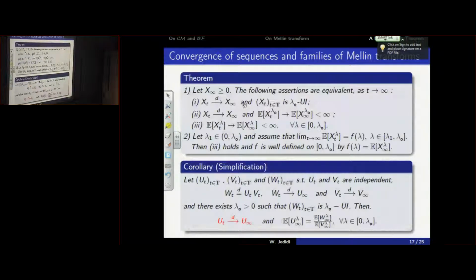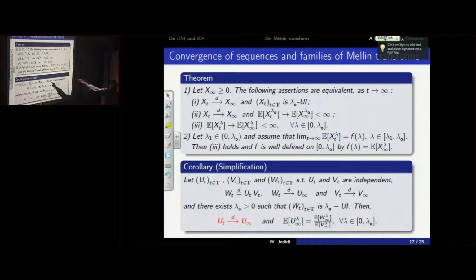And we provide this kind of limit theorems. Xt goes to X infinity in distribution if and only if, plus some uniform integrability condition, if and only if the Mellin transforms converge. This is known. The sequence of Fourier transforms converges, then the measures converge in the vague or tight sense.